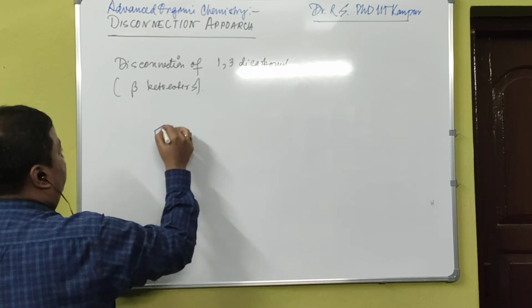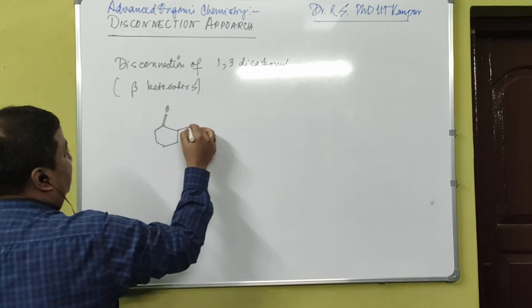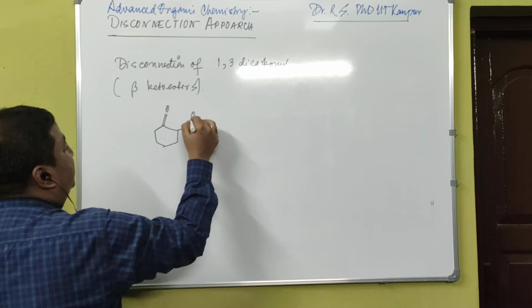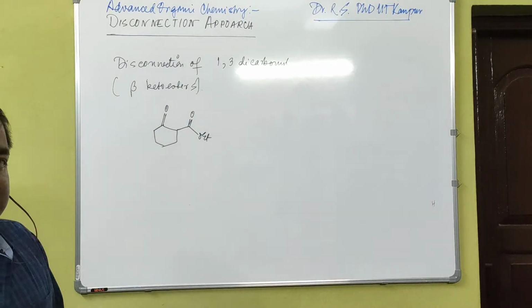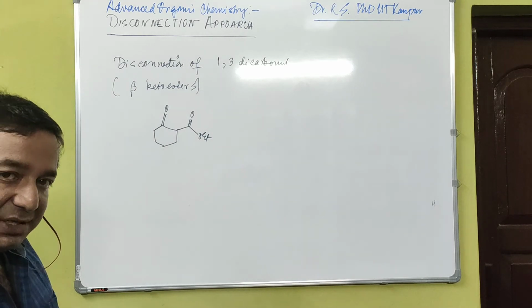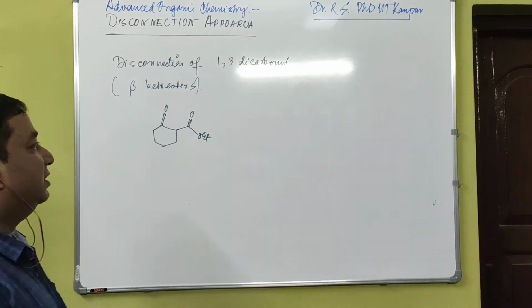So whenever you have a beta ketoester, all you got to think is the application of a Claisen condensation reaction. It can be intermolecular or it can be intramolecular.